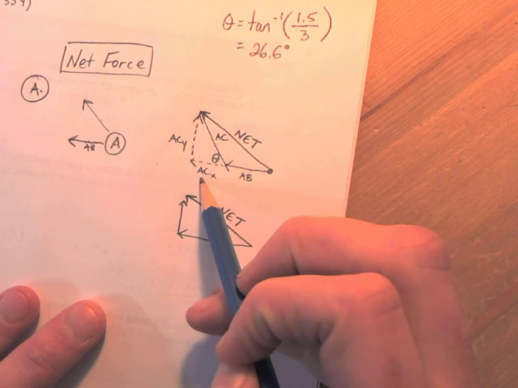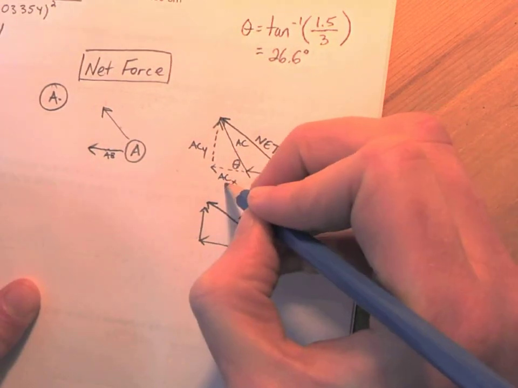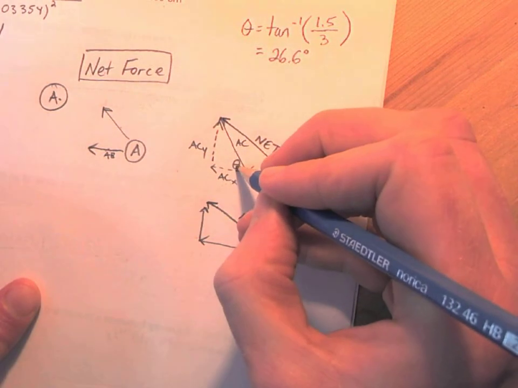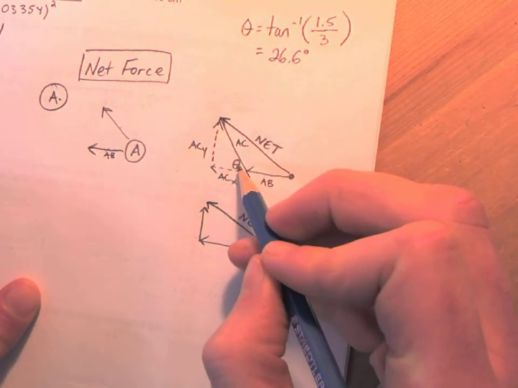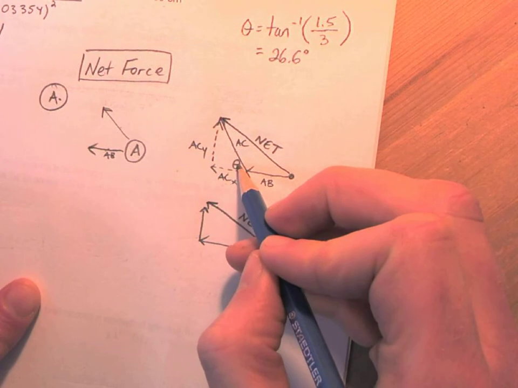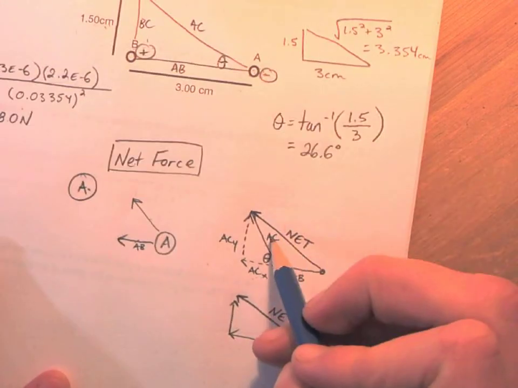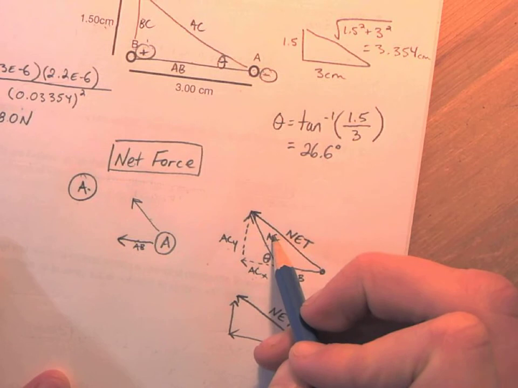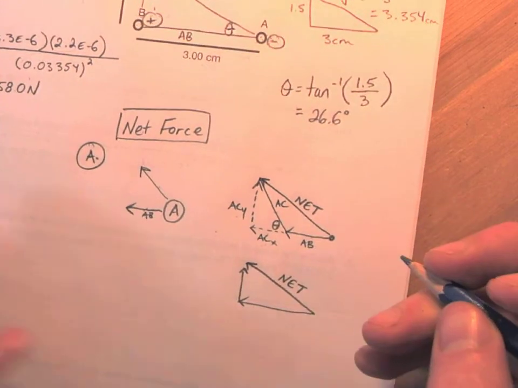That means ACX is going to be AC times cosine 26.6, and ACY is going to be AC times sine 26.6. Okay, so let's write that down.